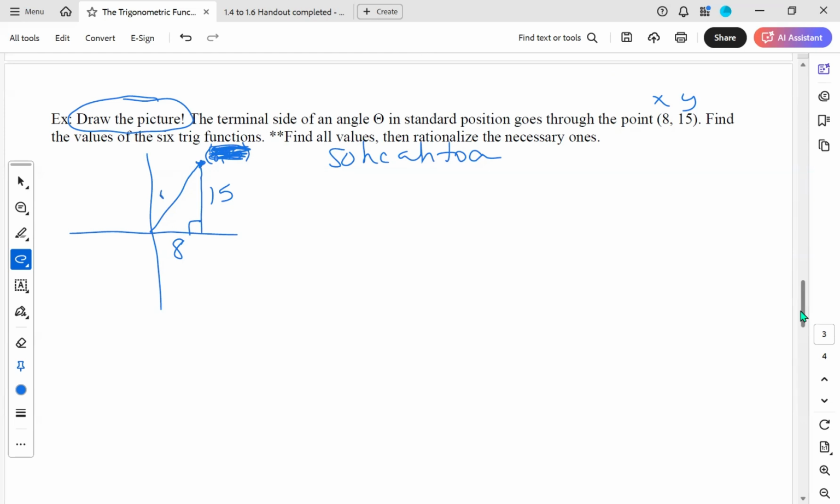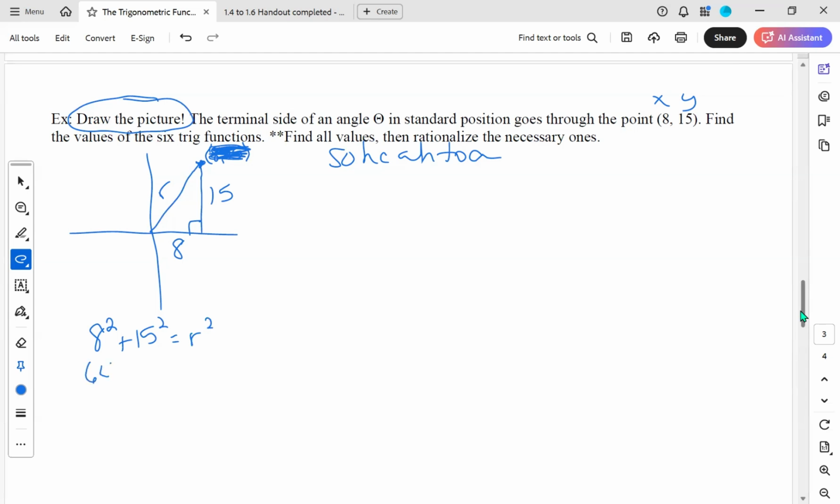So over here, I need to find out R. R is representative of the radius of the circle. That point, 8, 15, is on the circle. So I need to find my hypotenuse. When working through this, we need to use the Pythagorean theorem. So I'm going to have 8 squared plus 15 squared equals my R squared.